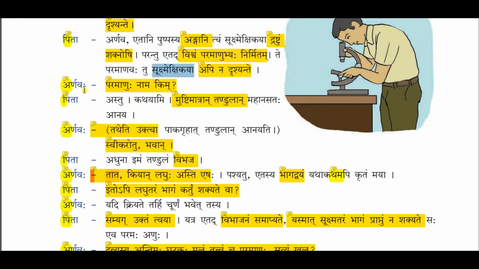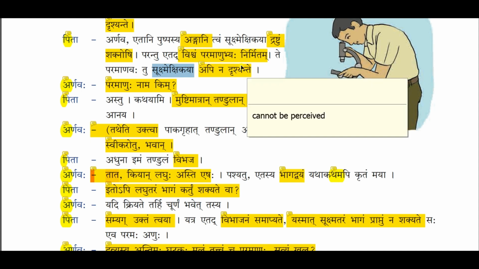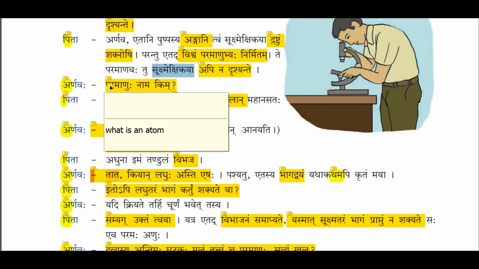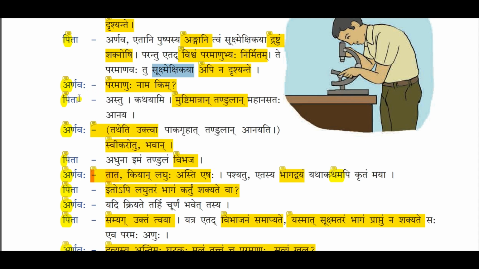Because his father began the explanation of Parmanu from here, Arnav asked, Parmanu naam kim? Parmanu, what is an atom? Naam means not name actually, but here it means what. Then Pita said, Astu, all right. Kathayami, I tell you, or let me tell you.